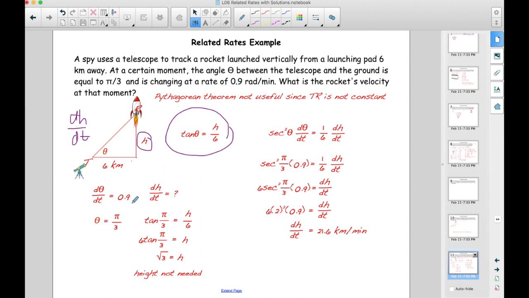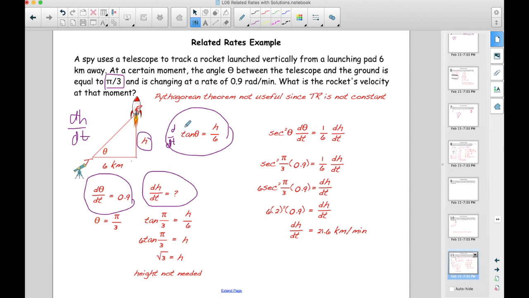Information they gave me. They told me that d theta by dt is 0.9. Again, I'm trying to find dh by dt. Well, does the moment in time matter? Did we need to know that? Well, let's see. So I'm going to take the derivative of this with respect to time. So we want to do a d by dt on this whole equation.